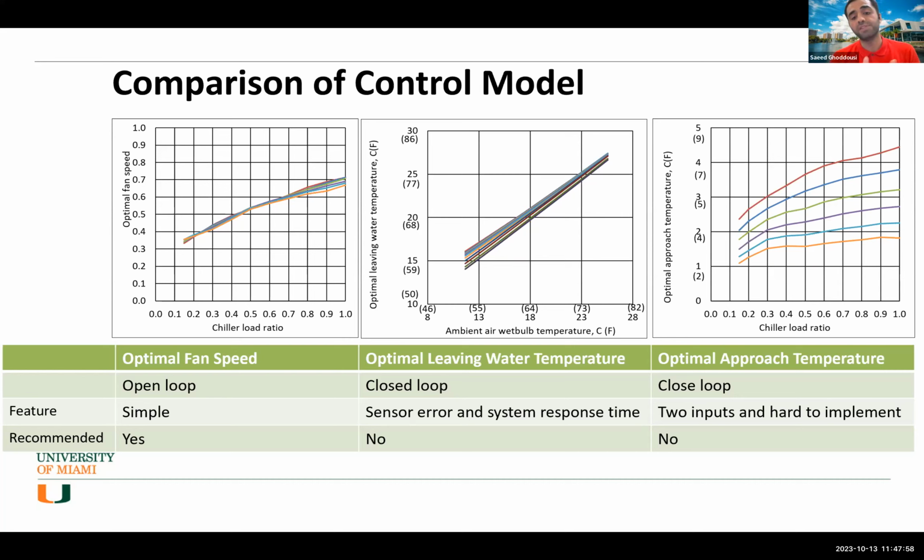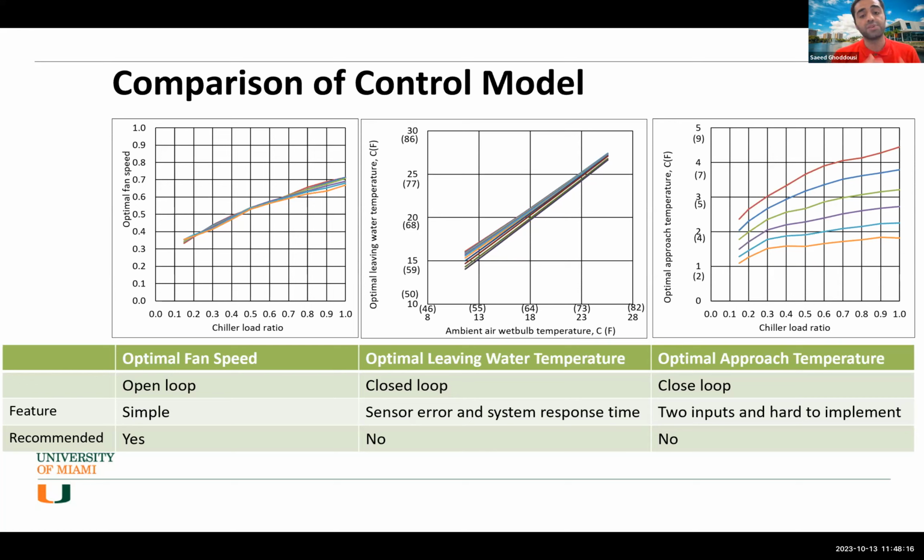The optimal leaving water temperature is a closed loop control, which means that, for instance, we need sensors to compare the values and allow the system to modulate the fan speed.